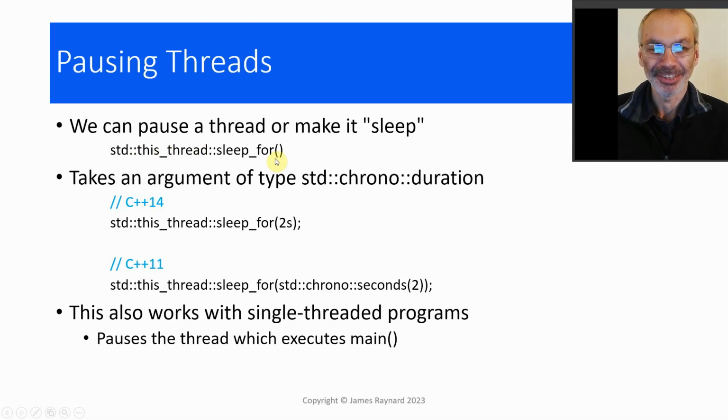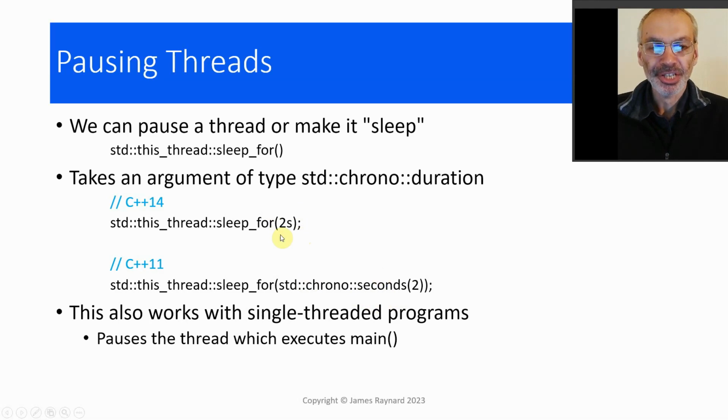You can't make other threads go to sleep. The argument will be one of the duration types from the chrono library. If we're using C++14 or later, we can use a literal as the argument, so that will represent 2 seconds. If we're using C++11, we have to provide a duration object.